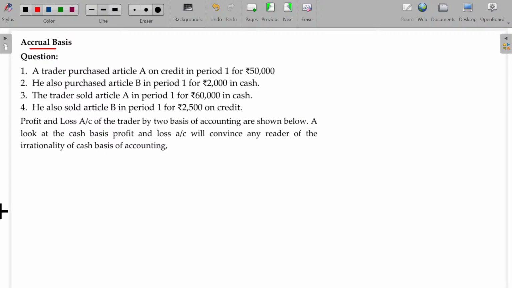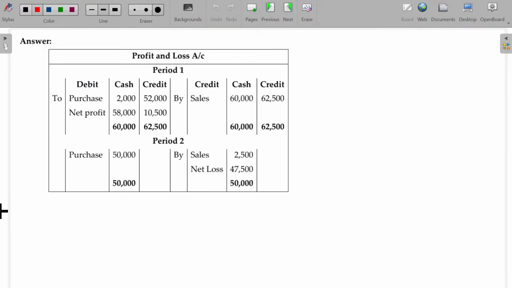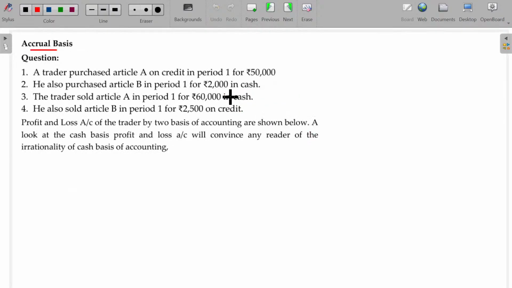Accrual basis. To differentiate between accrual and cash basis, this illustration is there. Of course, it is also not required. So what happens here? Actual cash, actual credit terms are given. A trader purchased an article on credit for 50,000 rupees, and he also purchased an article for 2,000 in cash.